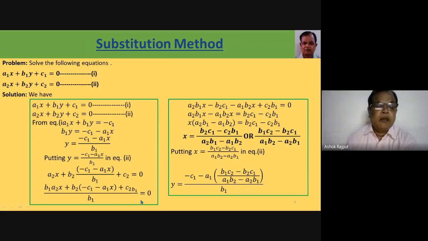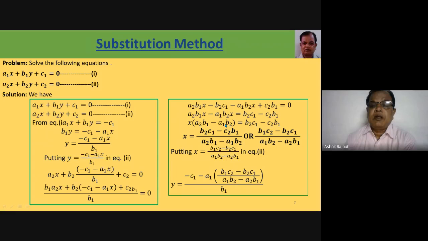Okay, then we break the bracket and get a2 b1x minus b2 c1 minus a1 b2 x plus c2 b1 equal to 0.